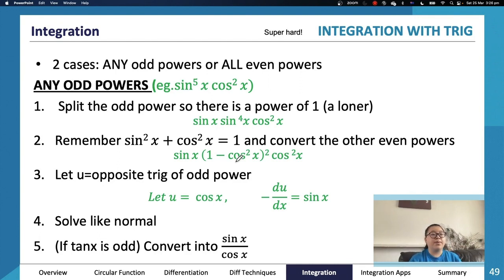So we split the power, we can use sine squared plus cos squared equals 1, we can use double angle formulas, etc., and then we let u equal the trig of the opposite trig of the odd power, or the one that has more powers, and then you can substitute whatever you have in for the sine x or whatever, and then you can just solve.